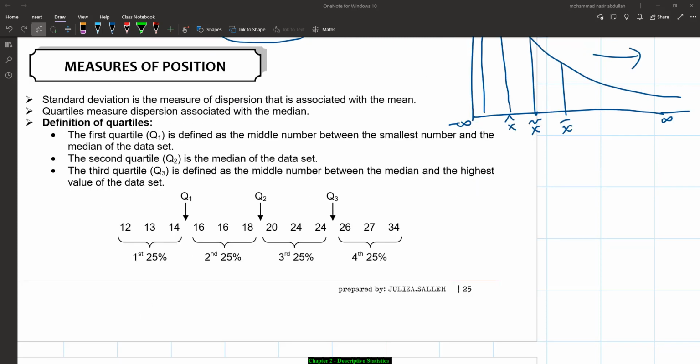Okay, let's continue on measure of position. So just now we already looked into the measure of central tendency, measure of dispersion, and measure of skewness. These measures are very important when you want to describe the data and to identify whether you want to use a parametric test or non-parametric test.